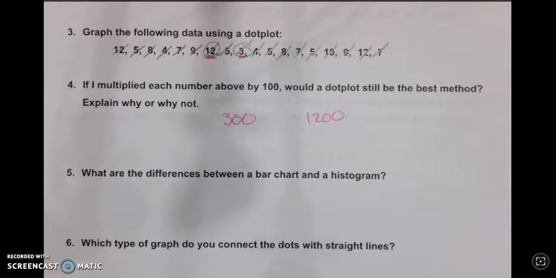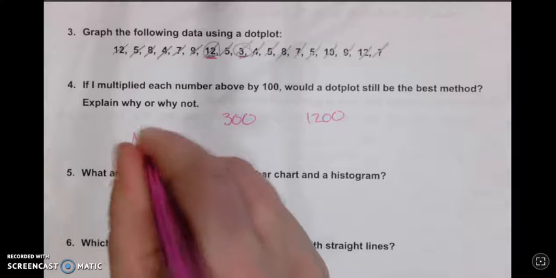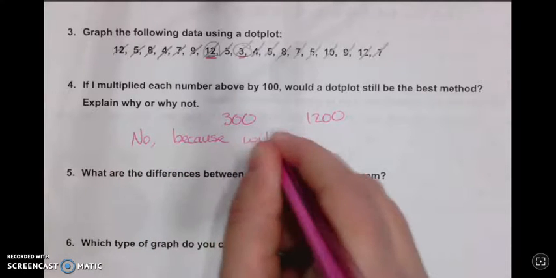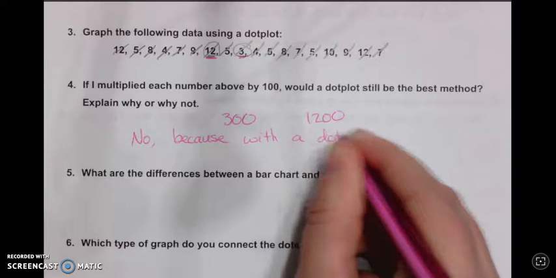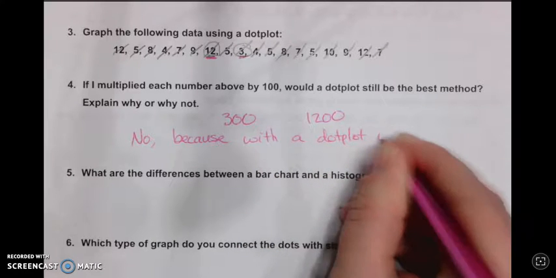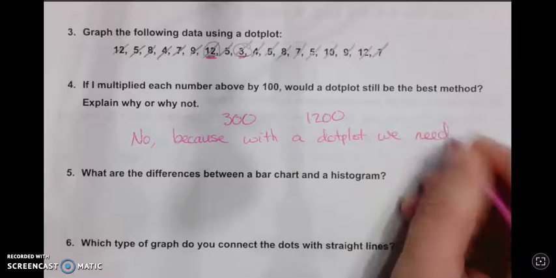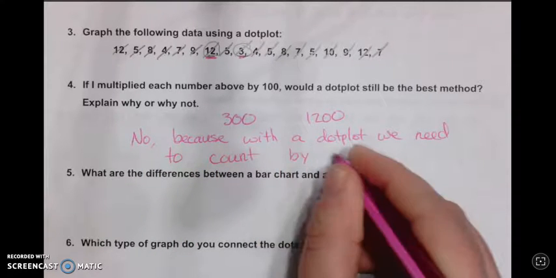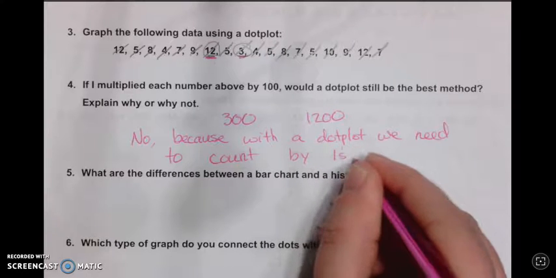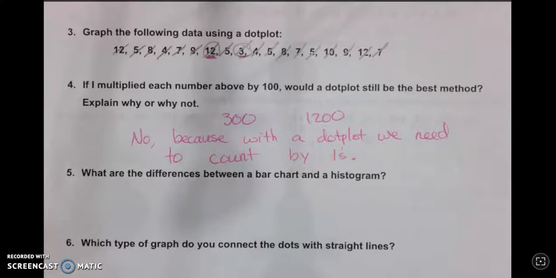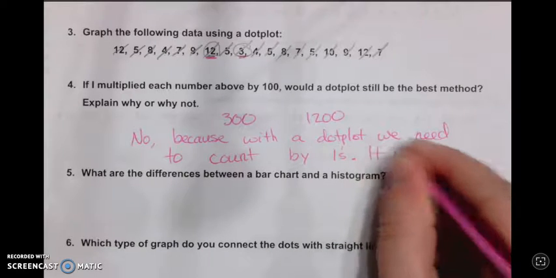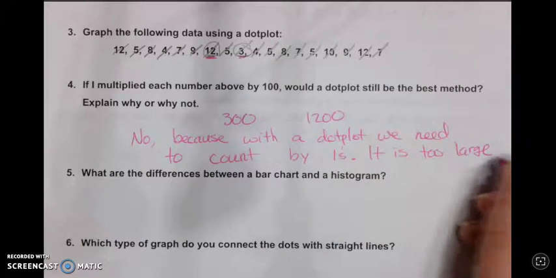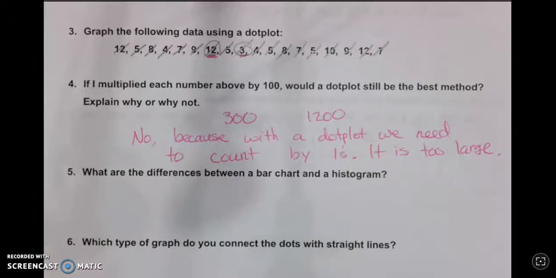So you would say no, because with a dot plot, we need to count by ones. So that would be way too large. It is too large for us to graph that on one graph paper.